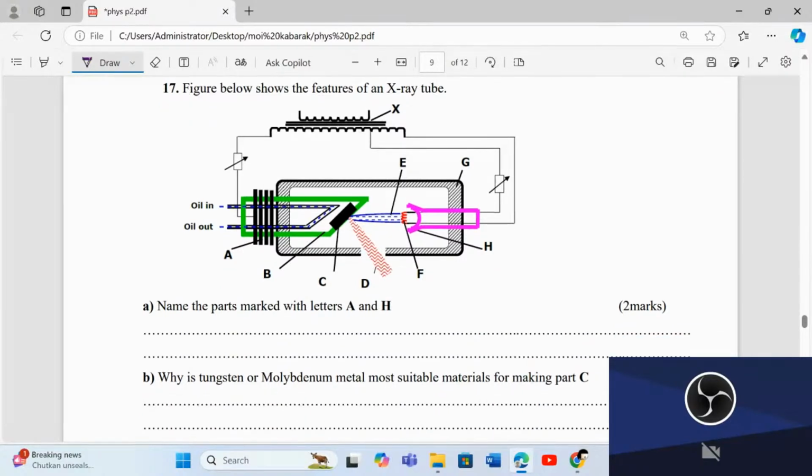The figure below shows features of an X-ray tube, and then look at it clearly. This is a lead shield. This is the cathode. This is the filament.